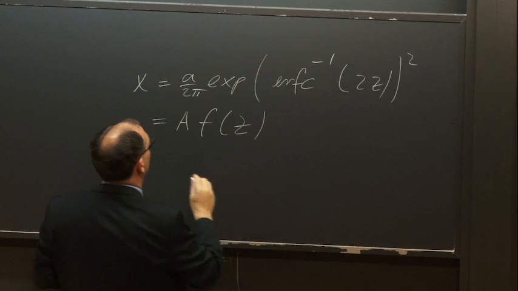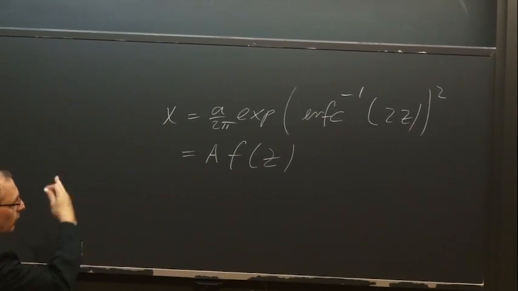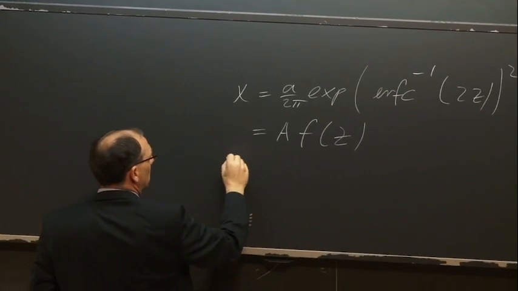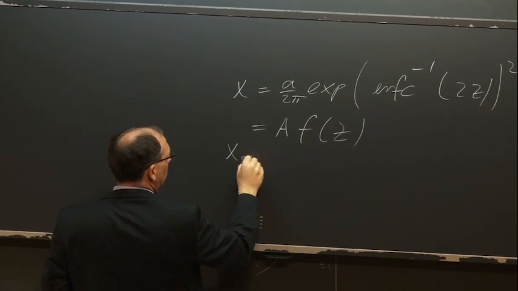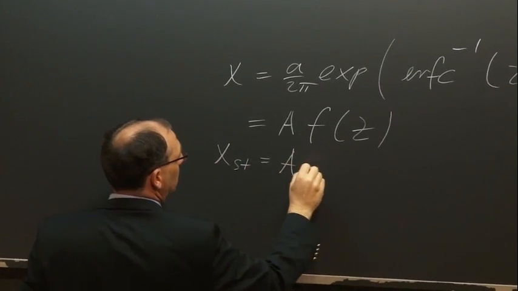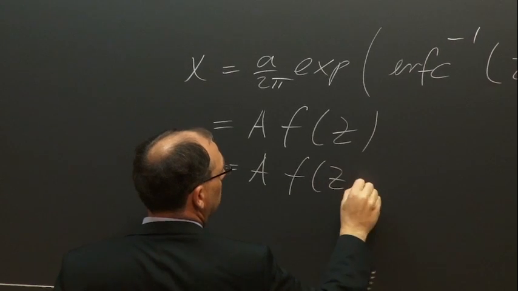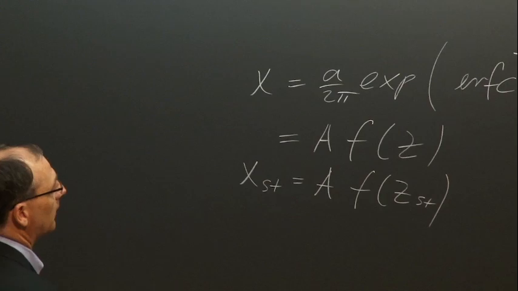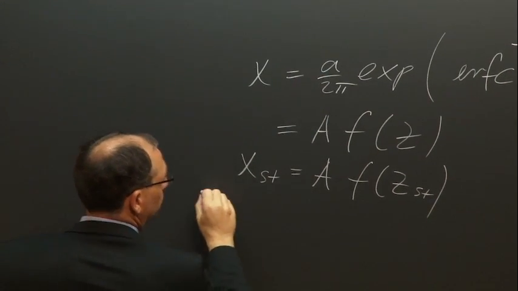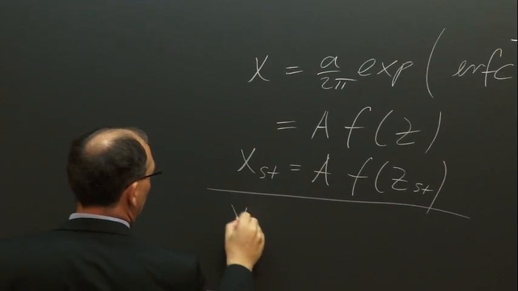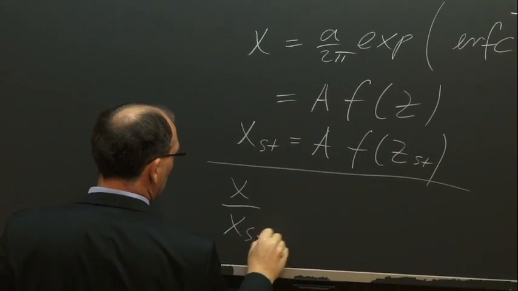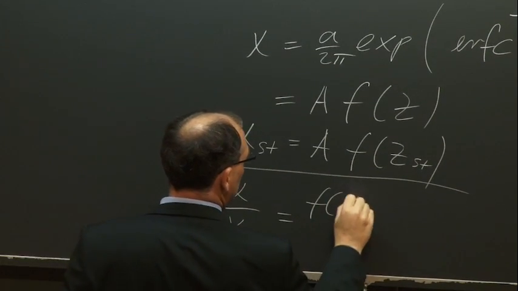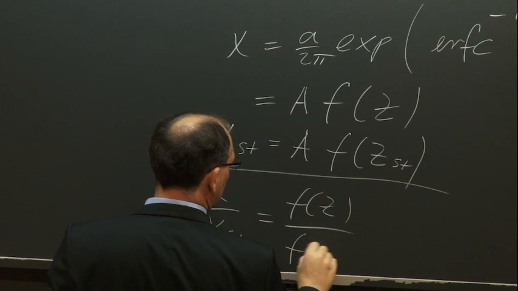Okay? And then I can write this for stoichiometric: at stoichiometric, this is A times f of z stoichiometric, and then I divide this by this to get rid of this A factor. So then I get chi divided by chi stoichiometric is equal to f of z divided by f of z stoichiometric.